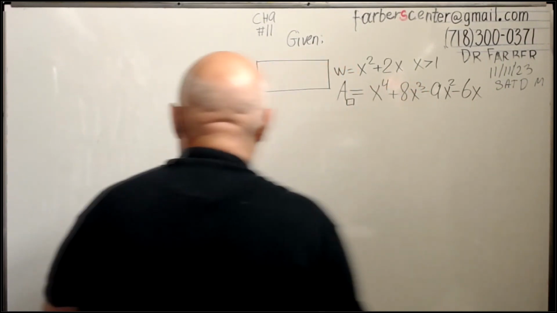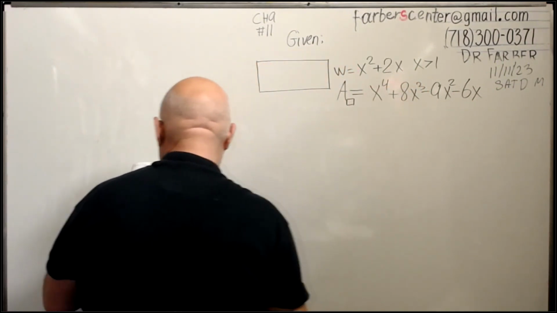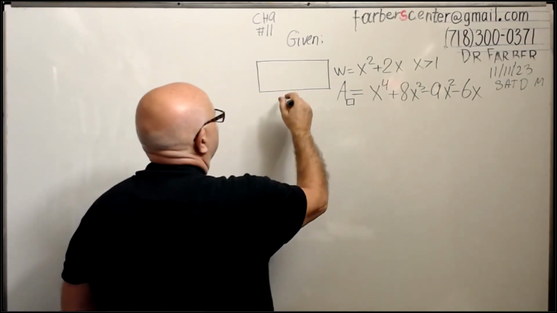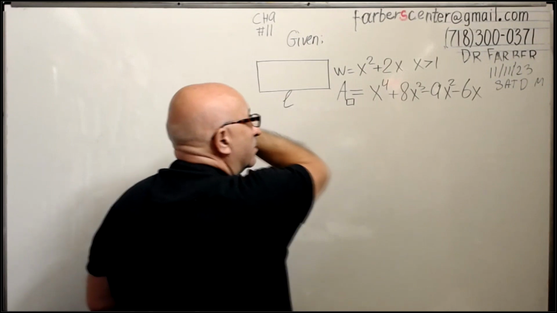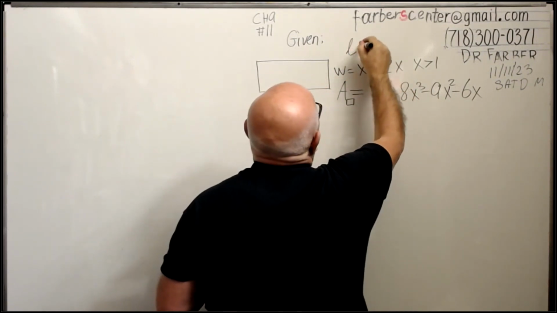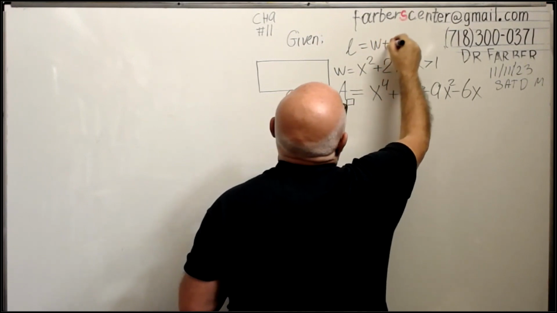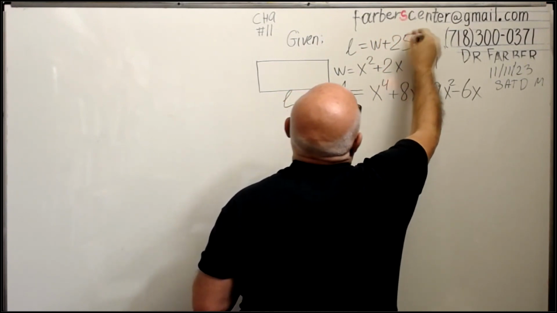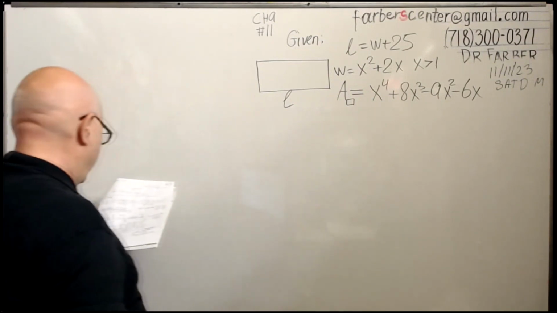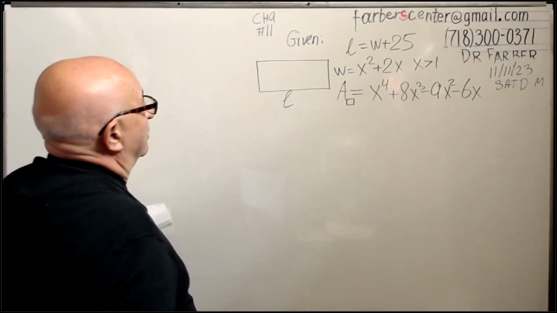In addition, the other side is longer: given that the length equals the width plus 25 units. That's what is given. And they ask you to find x.